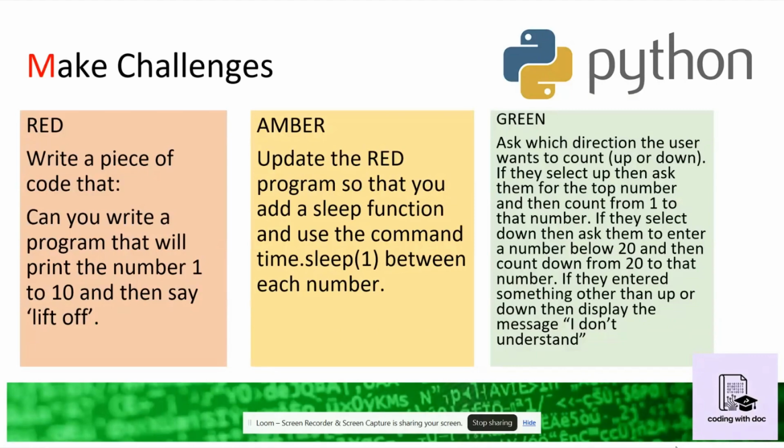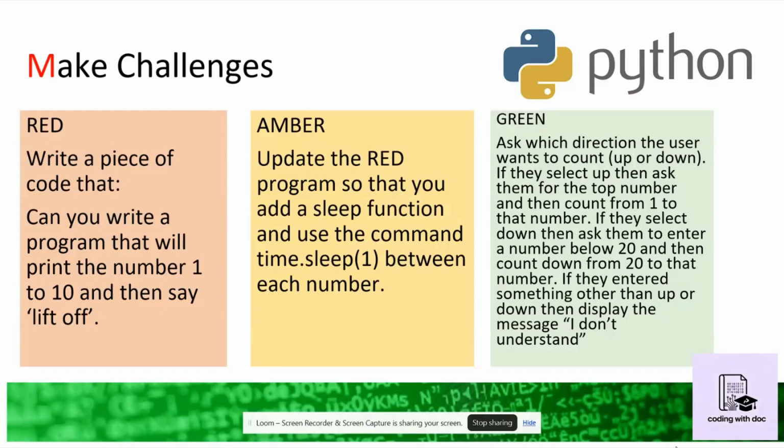And then the last one, ask which direction the user wants to count. Are they counting up or are they counting down? Ask them for a top number and then count from 1 to that number. So if they say they want to count up, then it's going 1 and you'll count to whatever number. So if they said, say 15, it goes 1, 2, 3, 4, all the way up to 15.